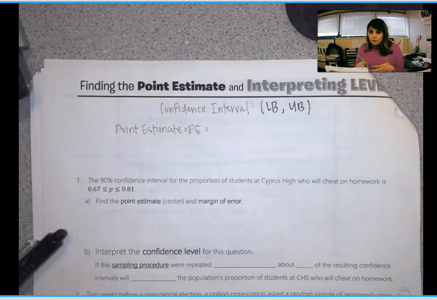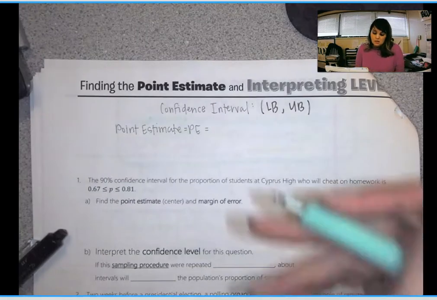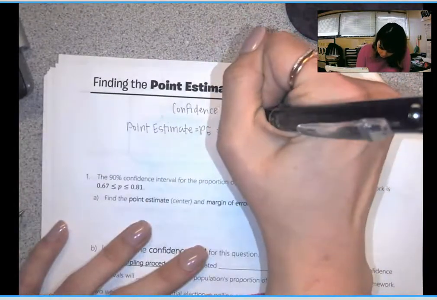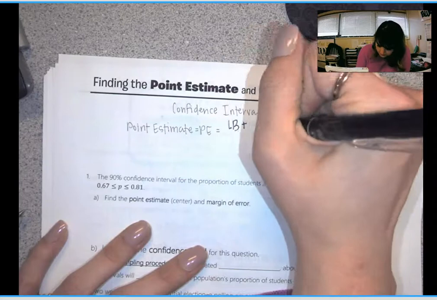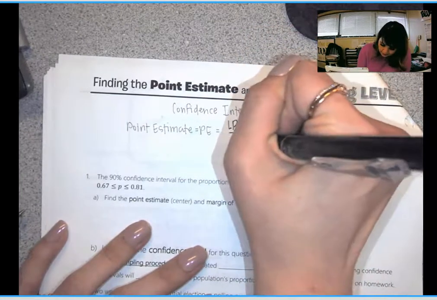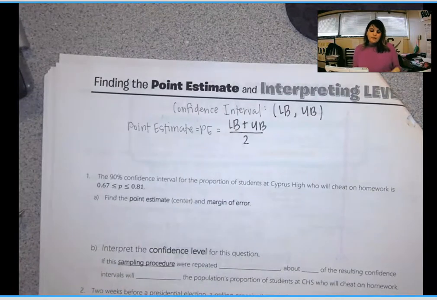So in the middle is your point estimate. So you would take your lower bound plus your upper bound and divide that by 2. That's going to give you the value that your confidence interval was based off of.